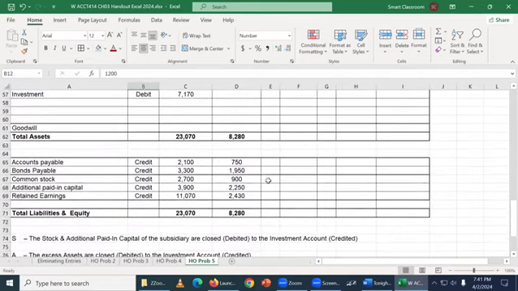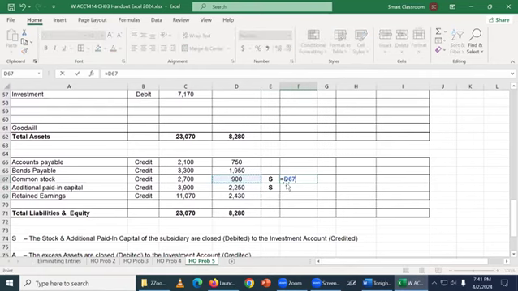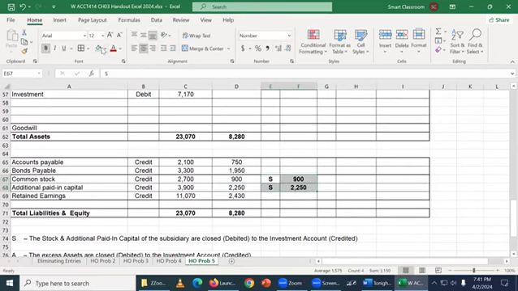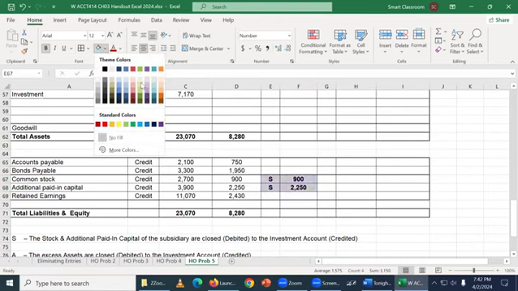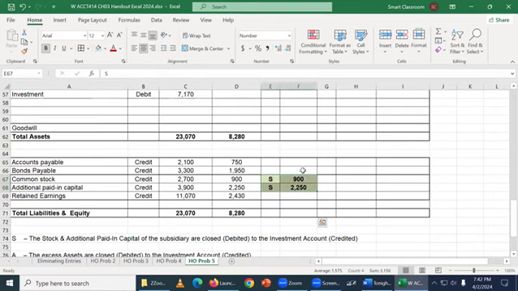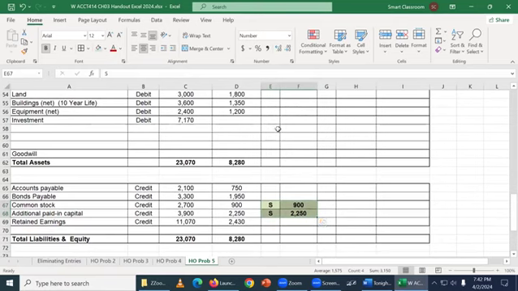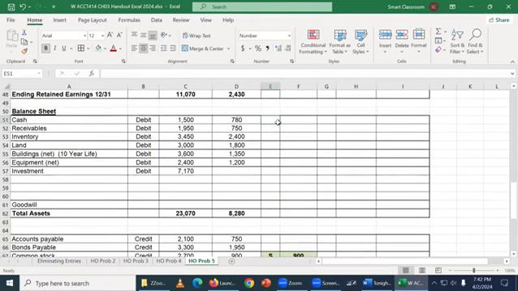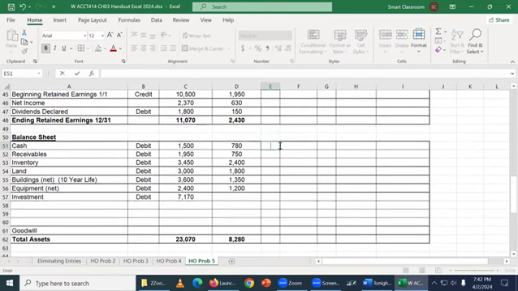Look at the numbers in here. Oh, wrong spot. Hold on.